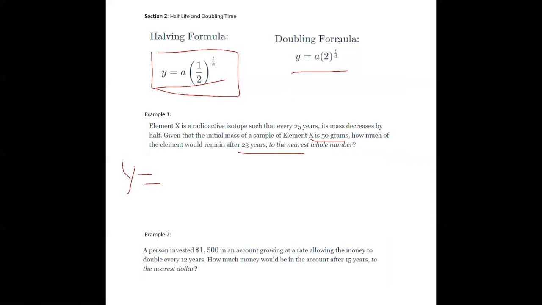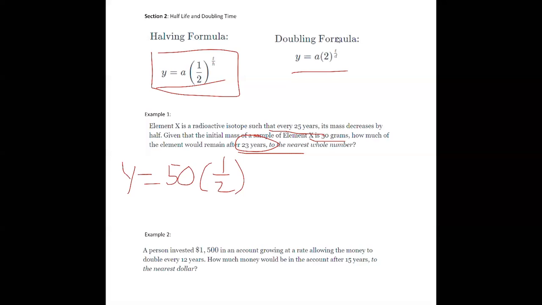If we plug in, we know our A is 50. It was 50 grams to start. It's 1/2 on the inside, because that's really 50% of what you started with. For our time, this halves every 25 years, and we only have 23 years we're looking at. So this half is not even going to happen one time.